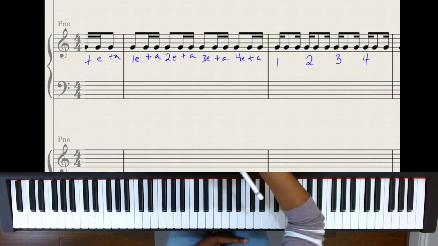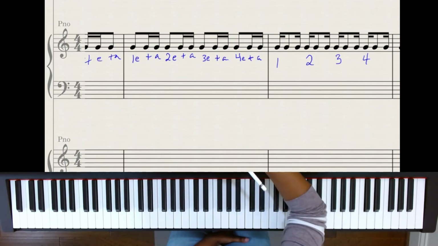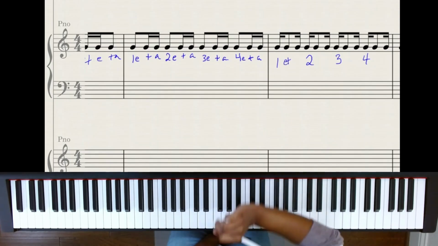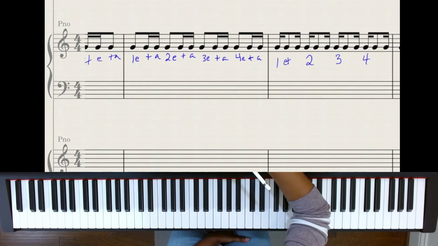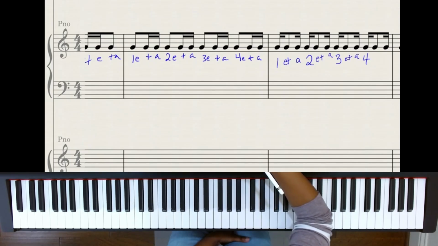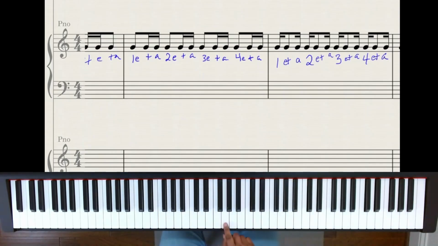Remember, we can fit 2 16th notes into 1 8th note, so the first note gets the number, the middle note gets the E and, and the last note gets the and. So when I play this one, 1 E and 2 E and 3 E and 4 E and.